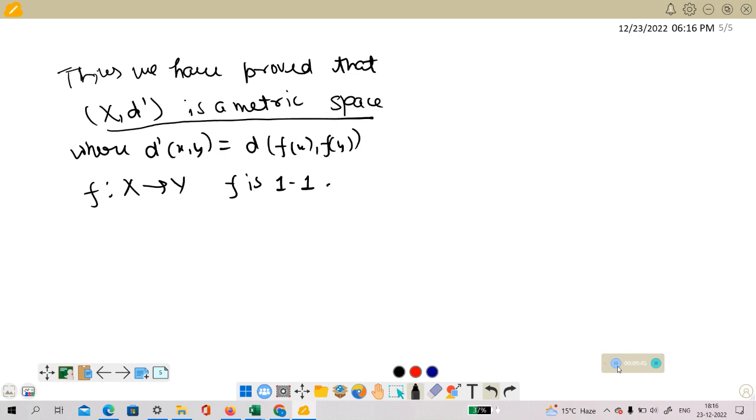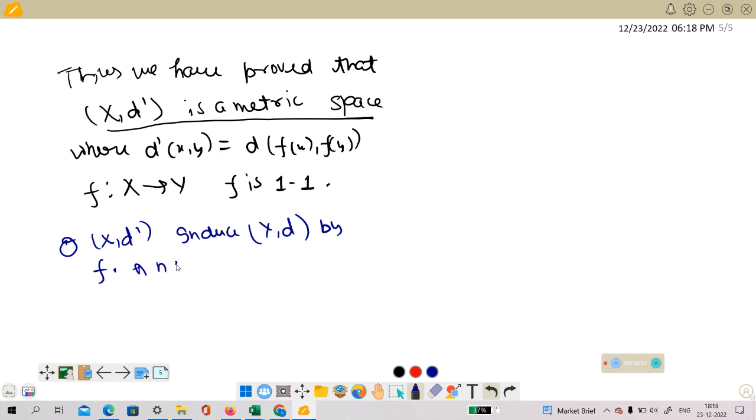Okay, now an interesting question arises. We do have a metric d' on X induced from (Y, d) by f.